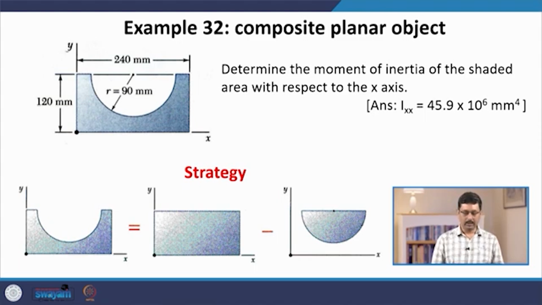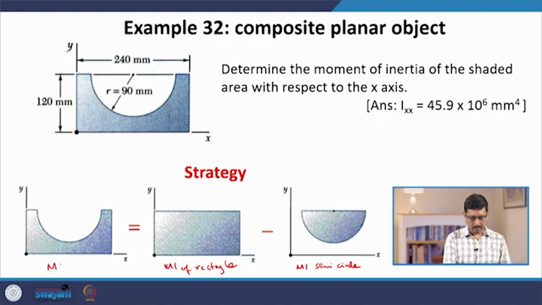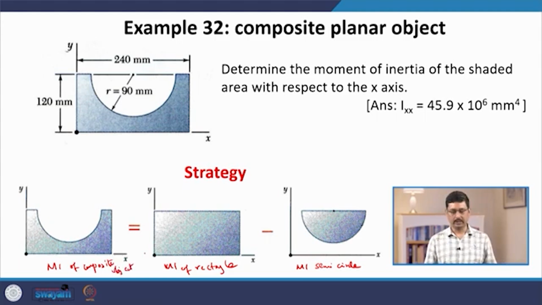So the idea is that we calculate the moment of inertia of this plate, and then we calculate the moment of inertia of this hemisphere or semicircle, and if you subtract, then we get the moment of inertia that we desire.